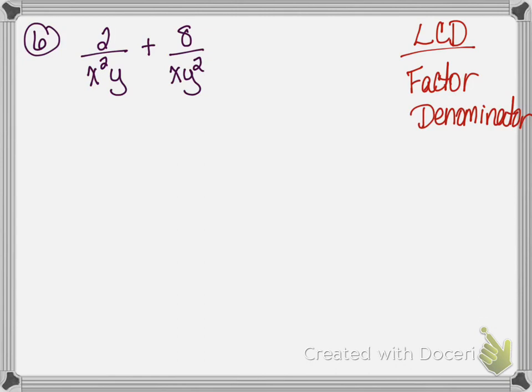Okay, so x squared, okay, I write that as x times x, and then I've got x times y times y.